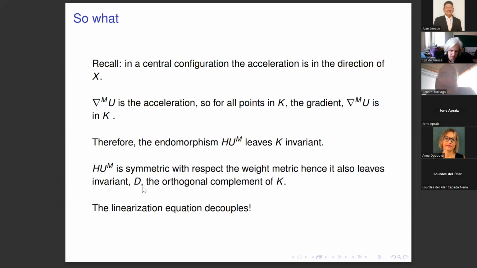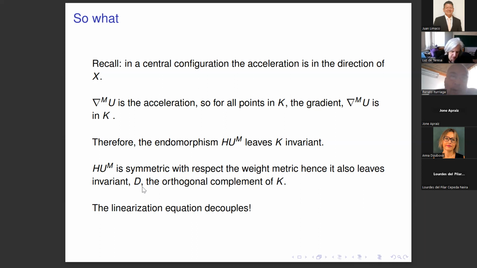And this means that the linearization decouples. And this is very important because, as a general rule, it is easier to solve two linear equations in fewer variables than one linear equation in more variables.